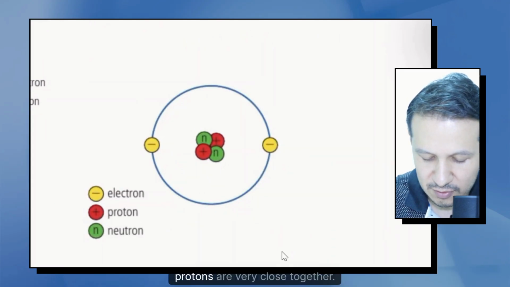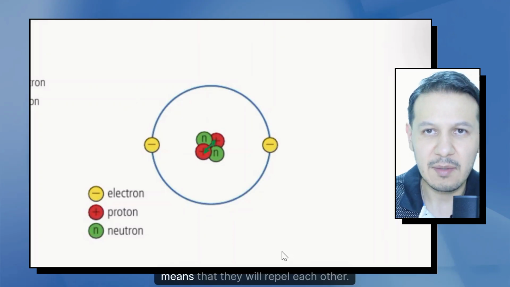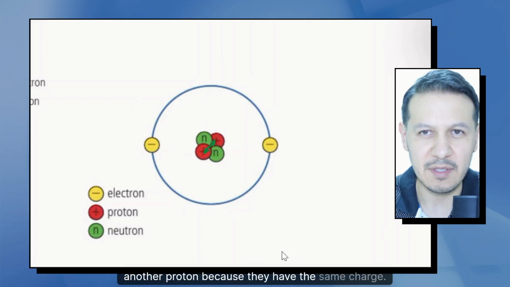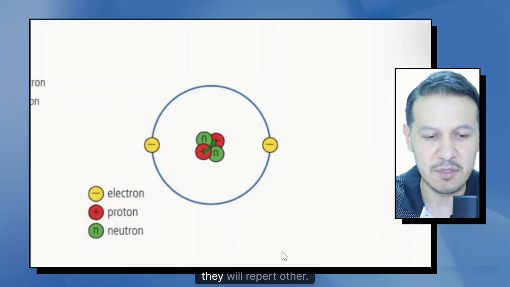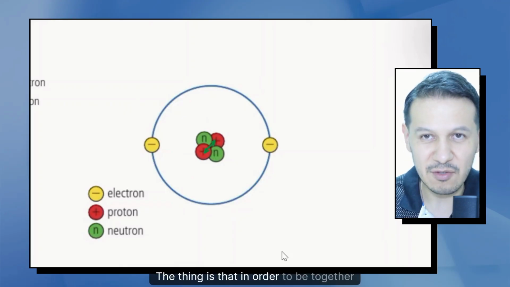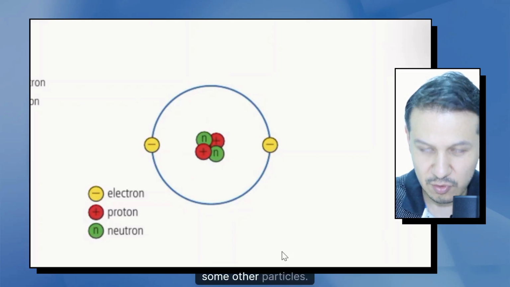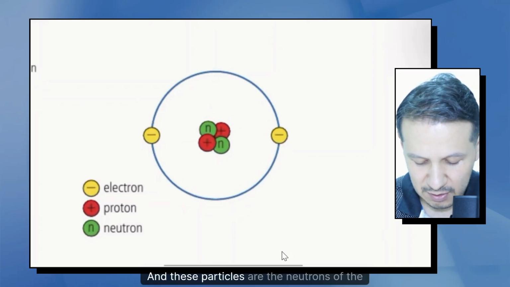There is another explanation here about the protons and the neutrons. If you look at the nucleus, protons are very close together, which means that they will repel each other. It makes no sense that one proton is next to another proton because they have the same charge. In order to be together in the nucleus, we have other particles, the neutrons.